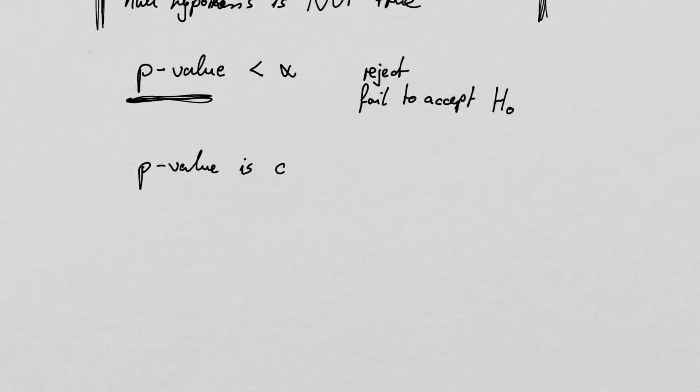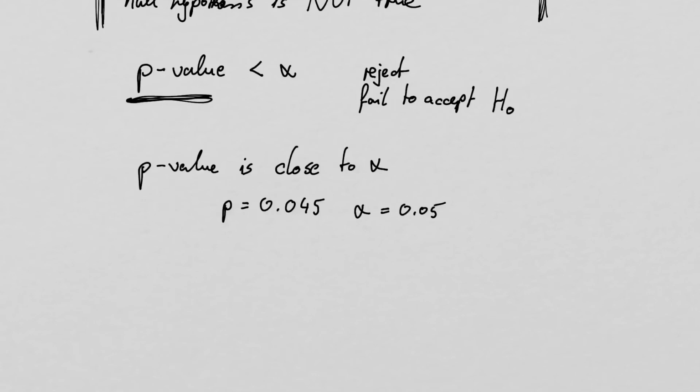Now, when people say, well, we've got a p-value close to alpha, so let's say p equals 0.045, alpha equals 0.05, so that's 5%, so we see the p-value is close to it. Very often people say, well, we need more data.